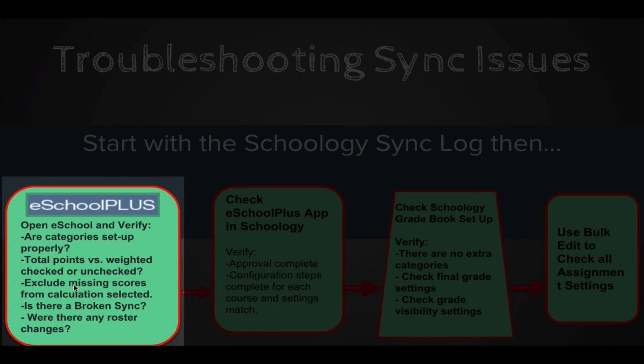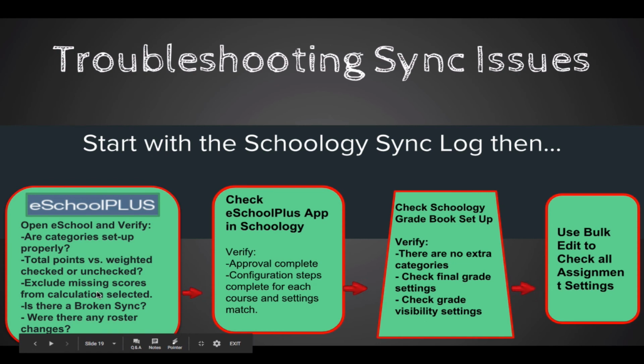Which one are you using? Do you have the missing scores from calculated selected, the exclusion of that, or are you counting those blanks as zeros? If it's counting blanks as zeros, you may have a big discrepancy between each system. You need to use this setting.